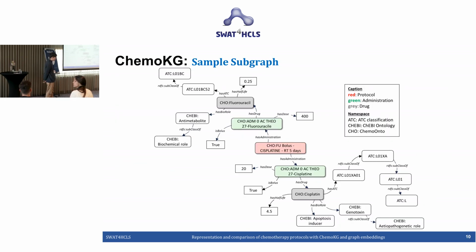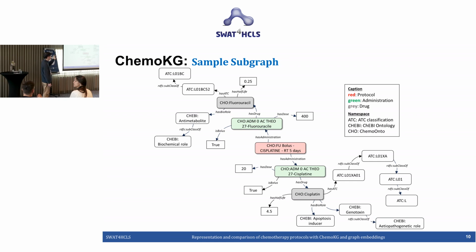This is an actual sample subgraph of just one protocol. In the middle, the red entity is the actual protocol, and it has the administrations, like for the fluorouracil and the cisplatin, and it's also connected to the drugs, which are the same, the fluorouracil and the cisplatin. For administrations, they have doses and whether it is bolus or not.